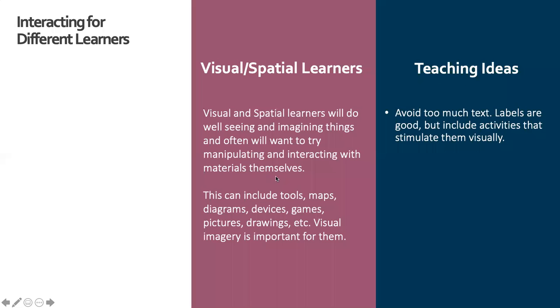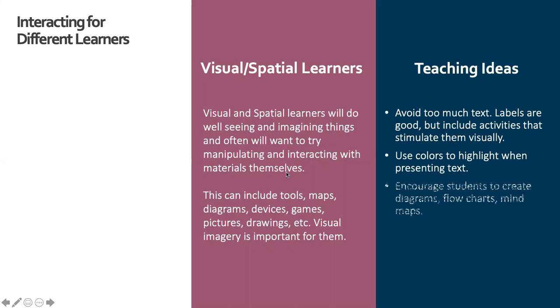I mean, you can add labels because they like visually to look at those labels, but activities that stimulate them visually would be best. So using colors to highlight text, especially if those colors are showing essential vocabulary, encouraging students to create diagrams, to create flow charts, all of those storytelling to engage visualization in the topics are great ways to get students into that topic area.